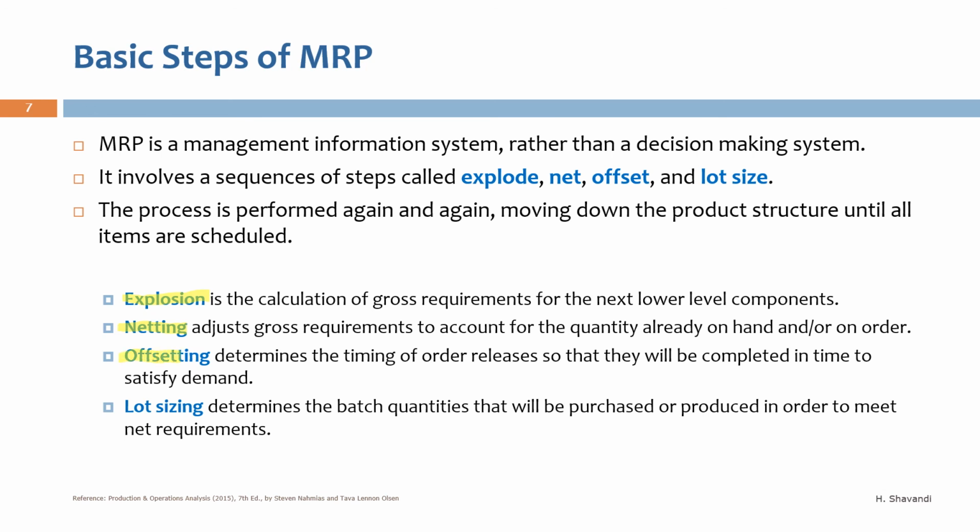In offsetting, we consider the lead time of producing the items and then go back in the time schedule to obtain the production start time for those items. So this is called offsetting. And lot sizing is about considering the batch quantities that we need to purchase or produce in order to meet the net requirements. So that was the remaining part of lecture 6 for the first section.